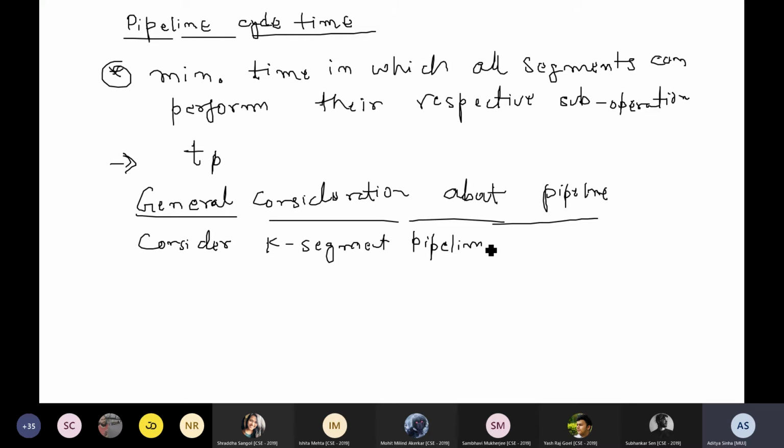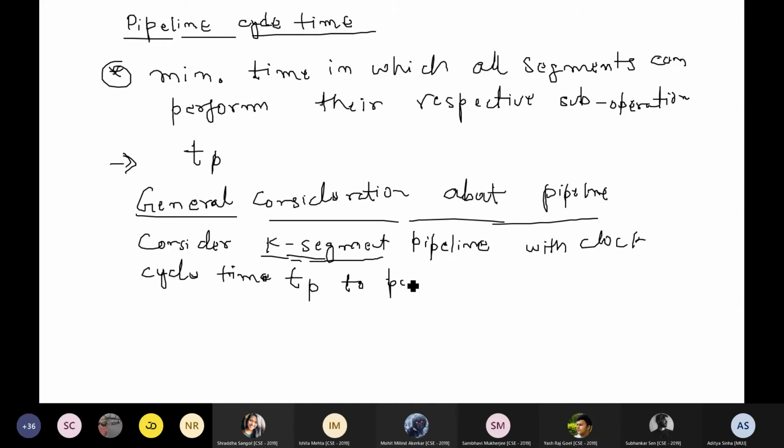What are we segmenting? with clock cycle. क्या ये k segment, किसको k में टाइम्स में डिवाइड कर रहे हैं? Pipeline. सॉरी, n task. Yeah, so you have k, you have tp, you have n.